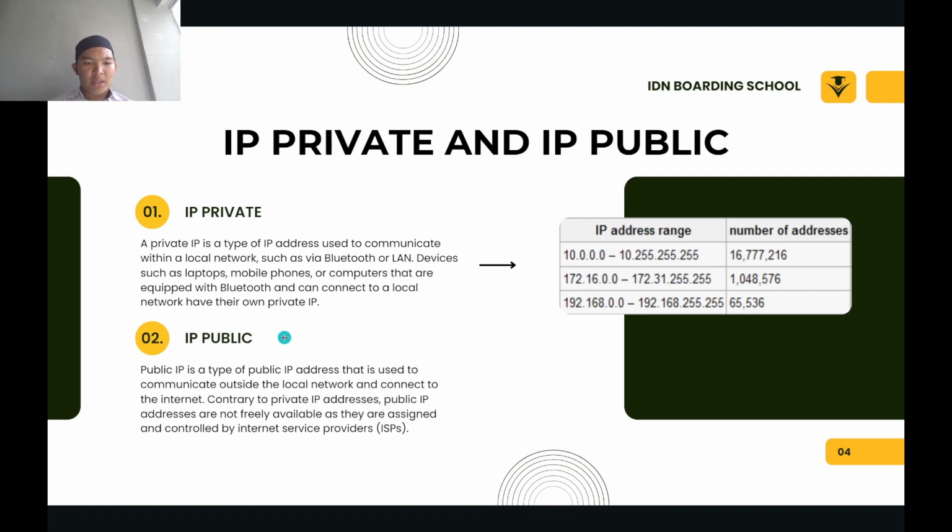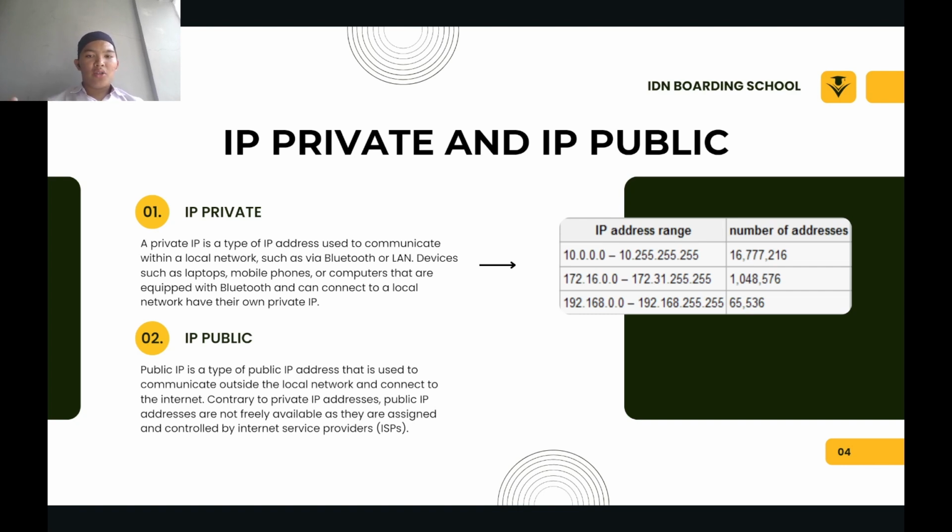And the next is public IP. A public IP is a type of IP address that is used to communicate outside the local network and connect to the internet. Contrary to private IP addresses, public IP addresses are not freely available, as they are assigned and controlled by the internet service provider. So we can get a public IP from our provider or from our router at home, like IndiHome, Biznet, and others.